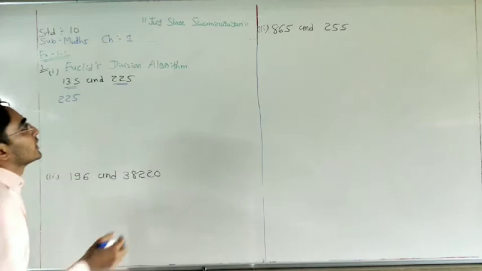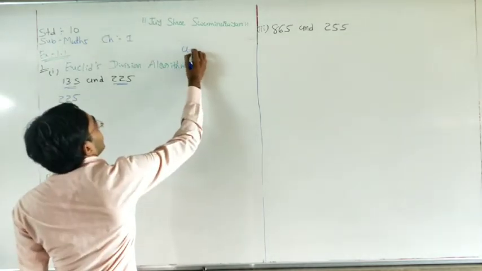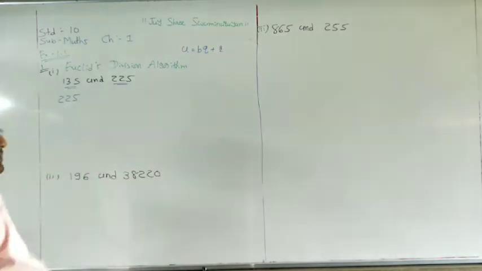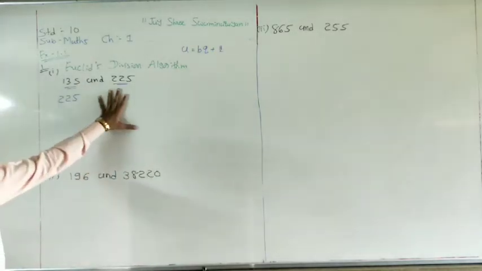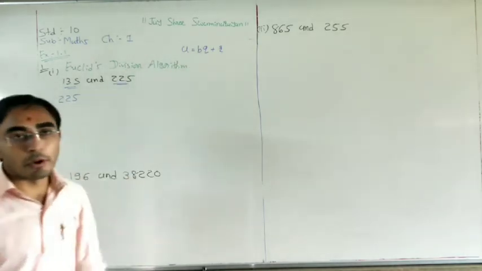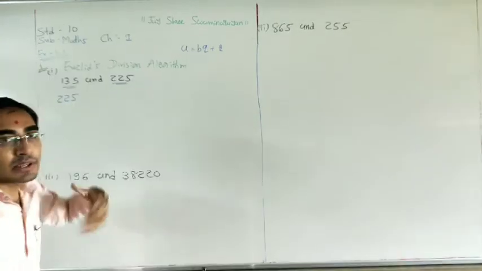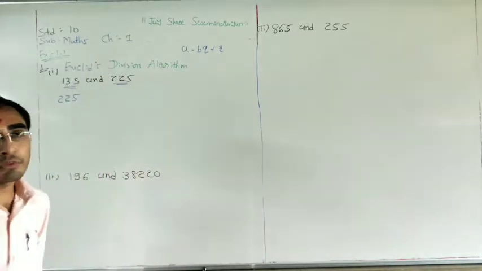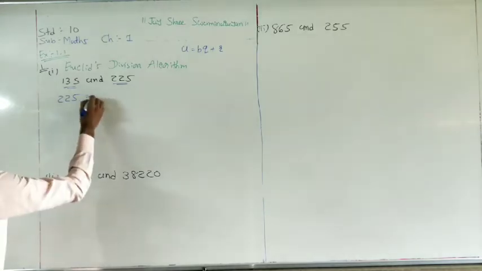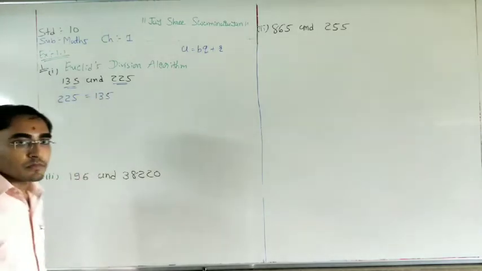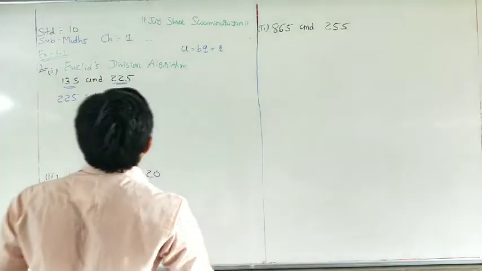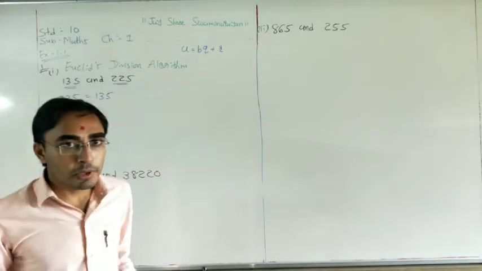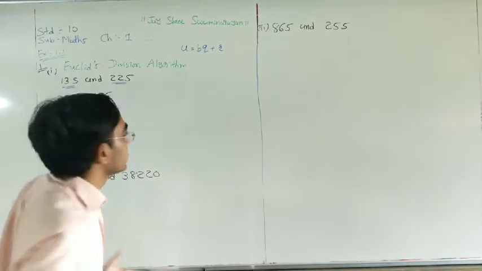Euclid's division algorithm is a = bq + r. We need to write these two numbers in this form. Here a is the big number, so a is 225, b is 135. A is your big number, b is your small number.